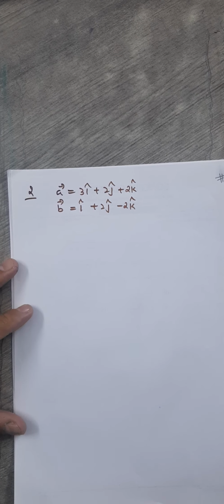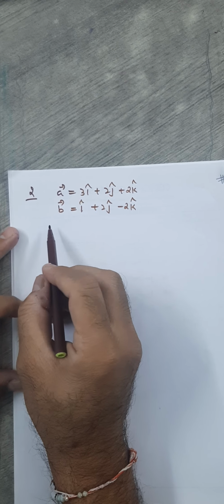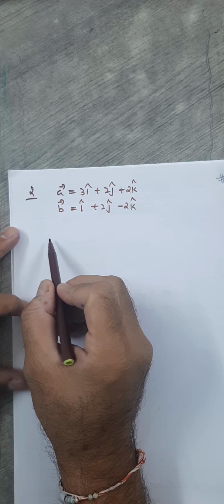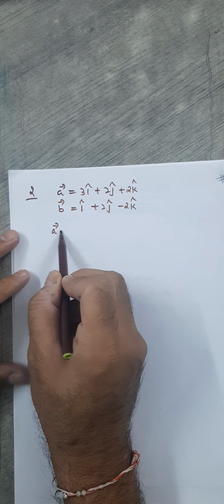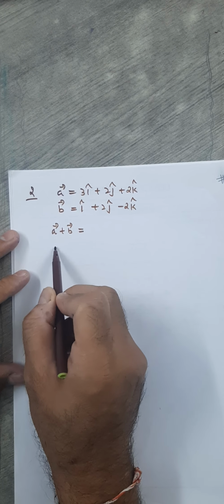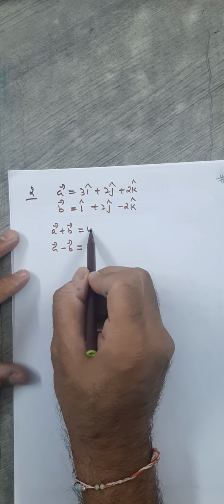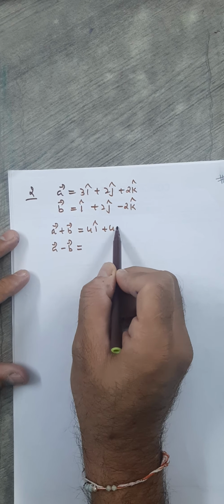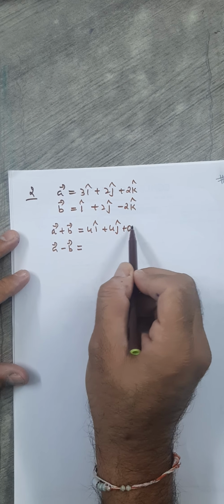In the next question, you are given two vectors, vector A and vector B. You want to find a unit vector perpendicular to each of these two. Which two? Their addition and their subtraction. So we need to find these first. We add these two: 4i cap plus 4j cap, and 0k cap.